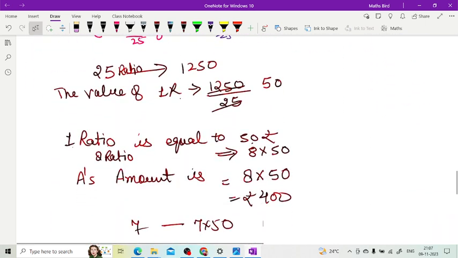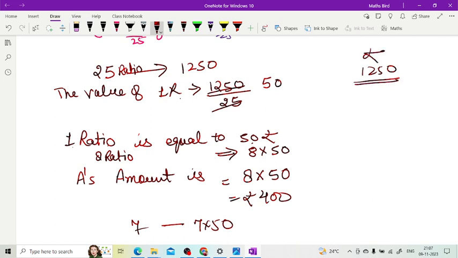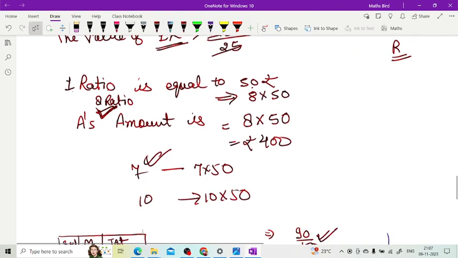The second method is, the total is given in rupees, and the rest is given in ratio form. So in the ratio form we will find out the total. Obviously the total ratio will be equal to the total amount. 25 ratio will be equal to 1250. Now you can find out the value of 1 ratio. Then if you want to find out the value of 8 ratio, you can find out, then 7, then 10, right?